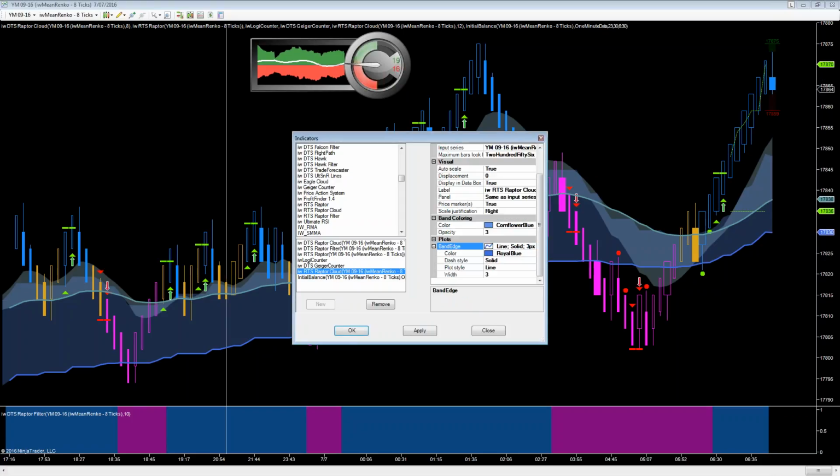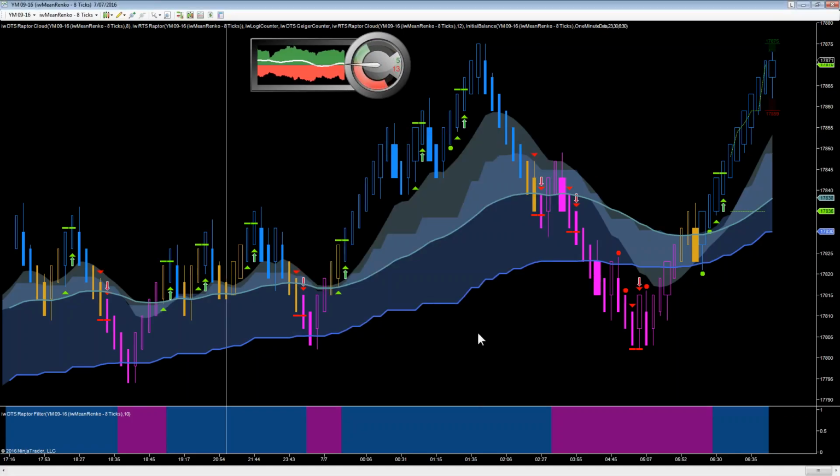The band edge, you will also need to change the color. Again, pick a color, any color. And then when you have that set up, you can apply your changes and voila, you will have a double band.